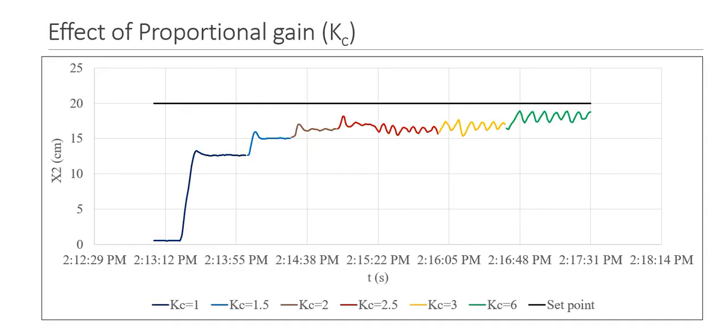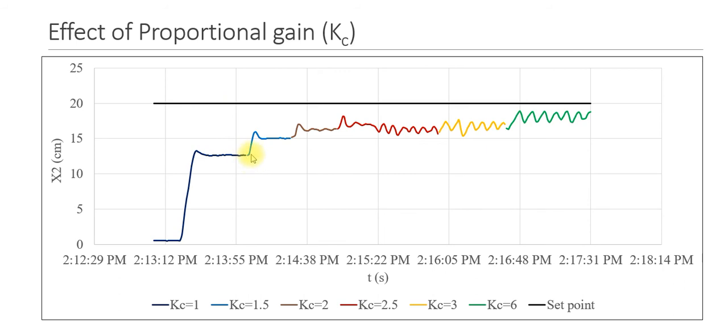Now this is also a graph processed by one of our students, emphasizing the effect of proportional gain. This is only a P controller. So you can see this beautifully presented. Set point is 20. Okay, at one value Kc equal to 1, the process value is here, so a big offset.